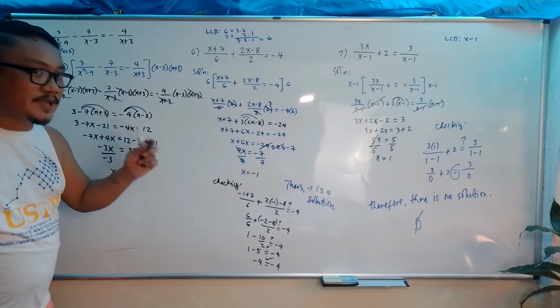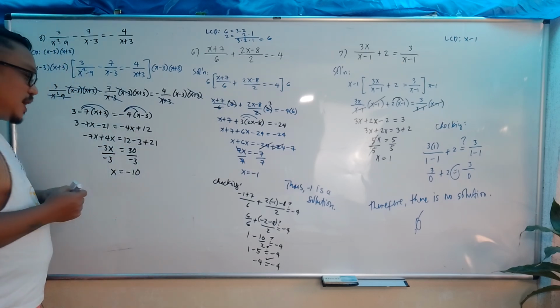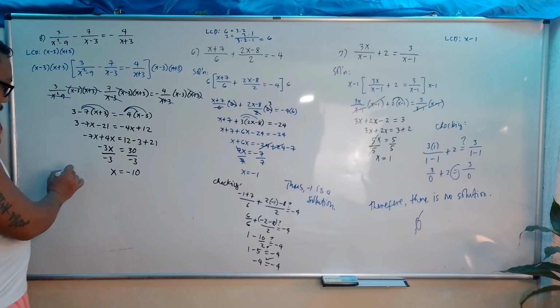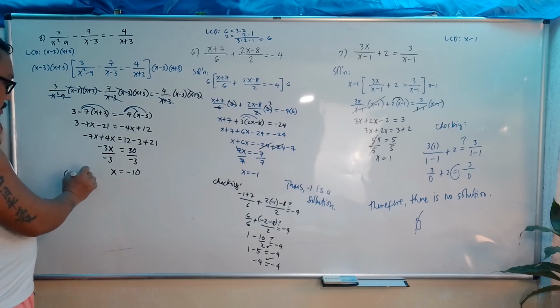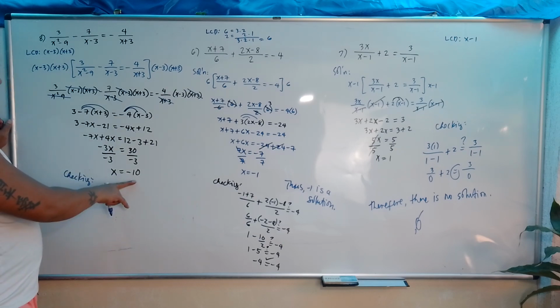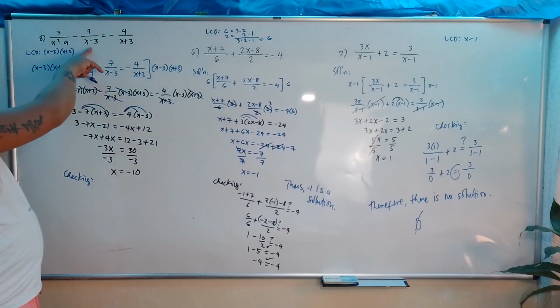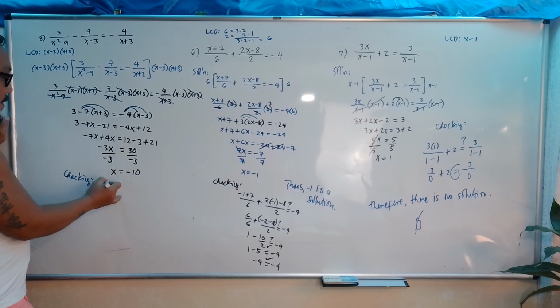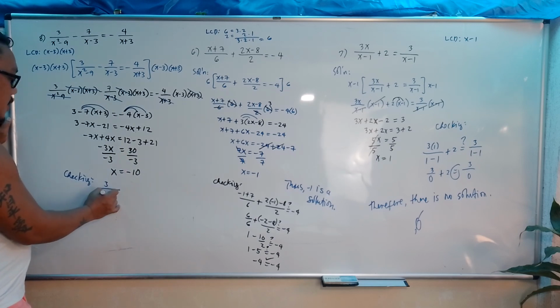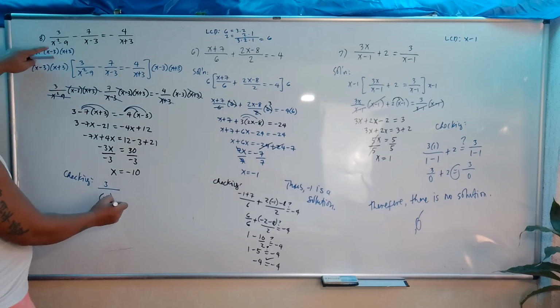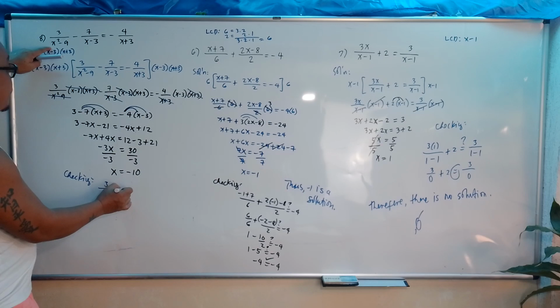So, para ma-determine kayo nato, let's do checking. So, mag-checking na din tam. By substituting x is equal to negative 10, diri sa yung mga x. So, original. You have, so, kana ito substitute 3 over negative 10 squared minus 9.